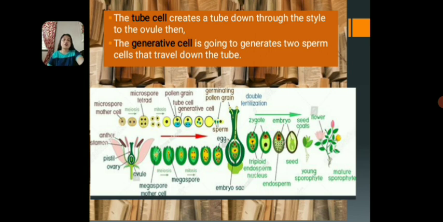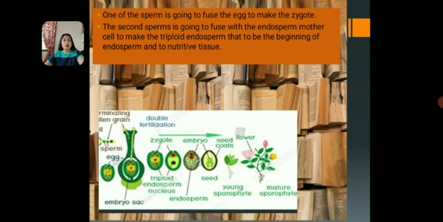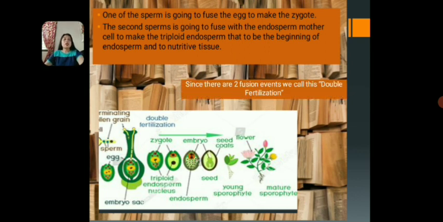Also we have the generative cell. The generative cell is going to generate two sperm cells that travel down the tube. One of the sperm is going to fuse with the egg to make the zygote. The second sperm is going to fuse with the endosperm mother cell to make the triploid endosperm, the beginning of the endosperm, a nutritive tissue. This is also called double fertilization since there are two fusions.